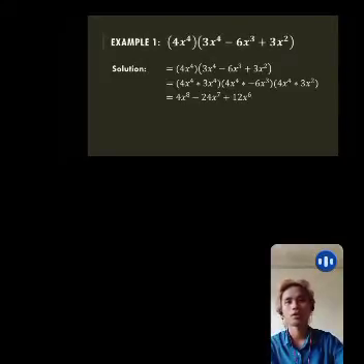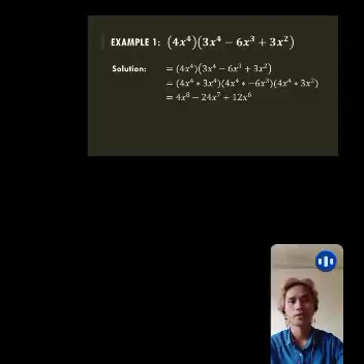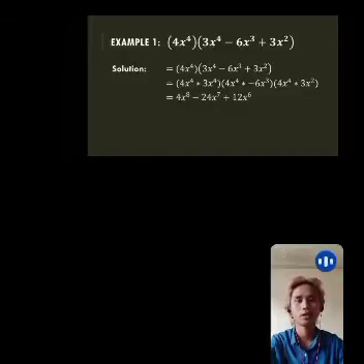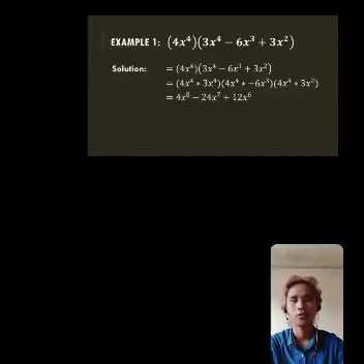So this is the next example. 4x squared times 3x raised to the power of 4 minus 6x cubed plus 3x squared. To multiply that, we need to distribute the 4x squared to every term inside the parenthesis.